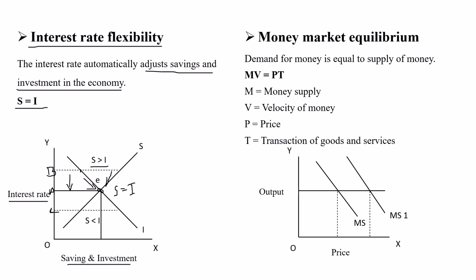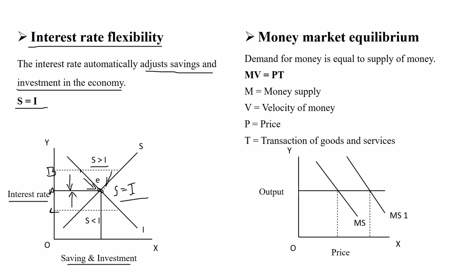Because the interest rate is very low, people want to hold cash in their hand for business or other investment purposes. In this case, investment is higher than the saving. Then the interest rate increases, and it will create the saving equal to investment equilibrium point.